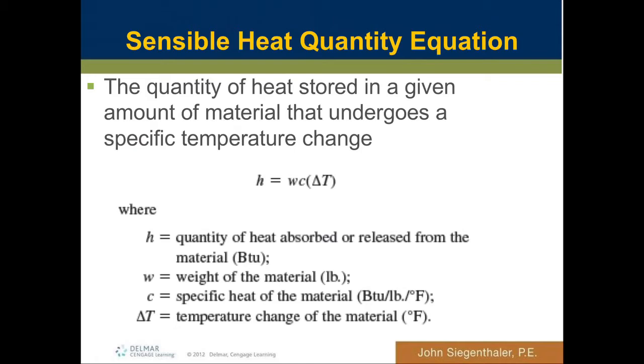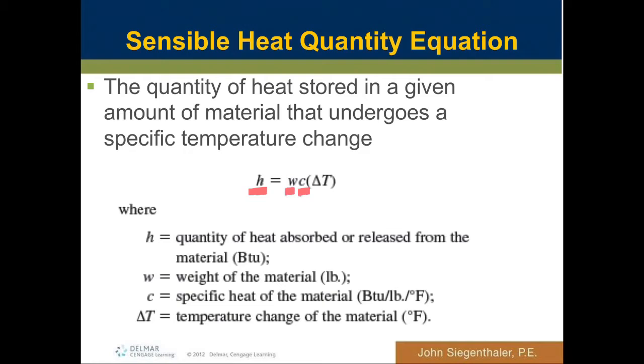When we look at the storage energy of a fluid and what goes on with its change in temperature, we look at a base formula where H, what we're showing here, is the quantity of heat that we would either absorb or release in BTUs.